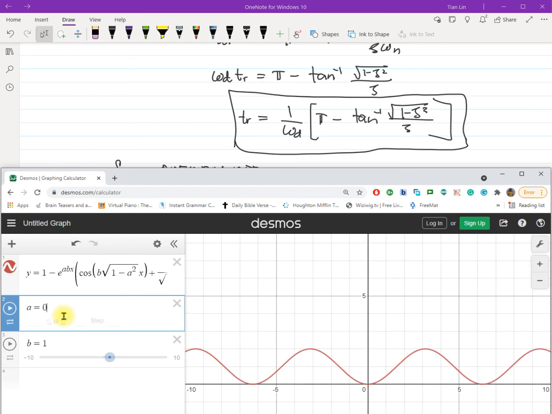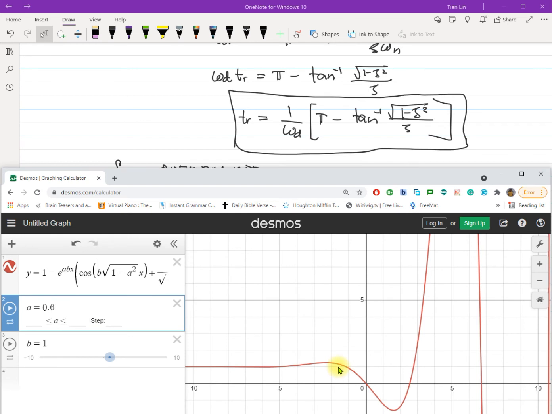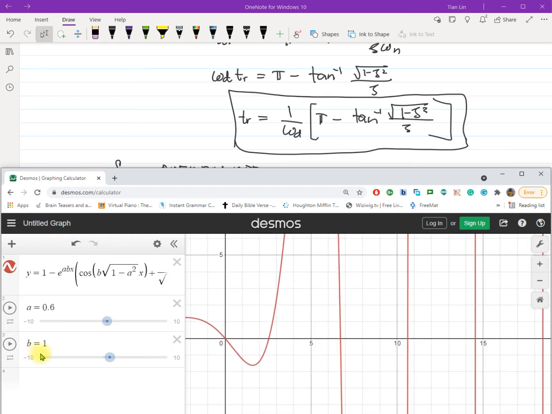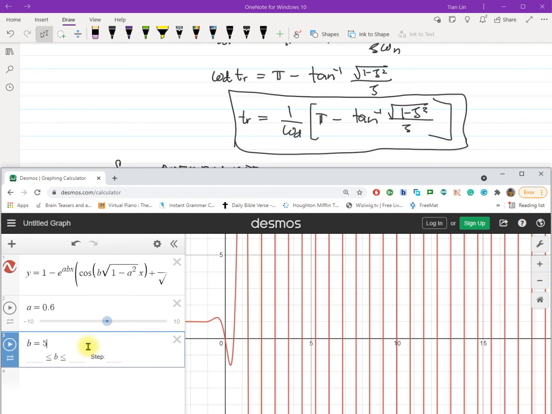So let's say this is 0.6. Then for the frequency, we can say this is around 5.